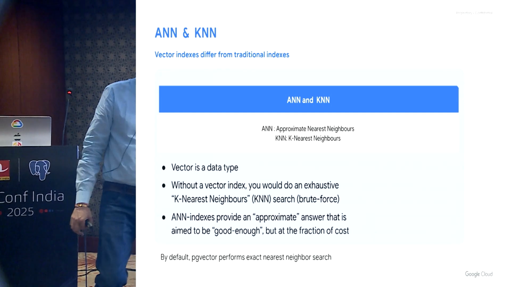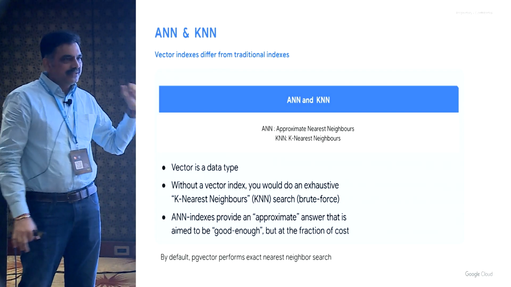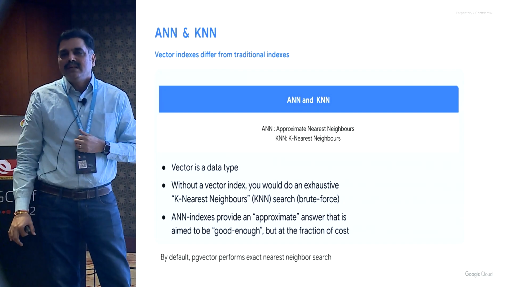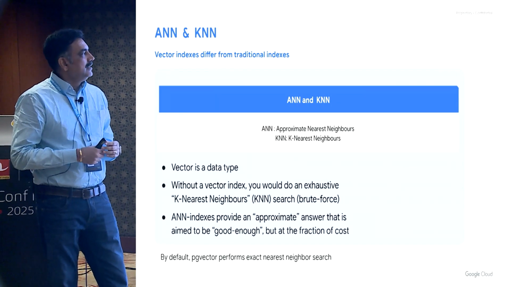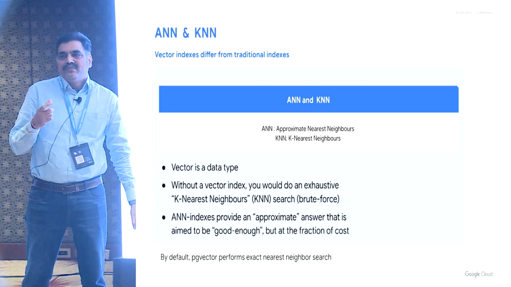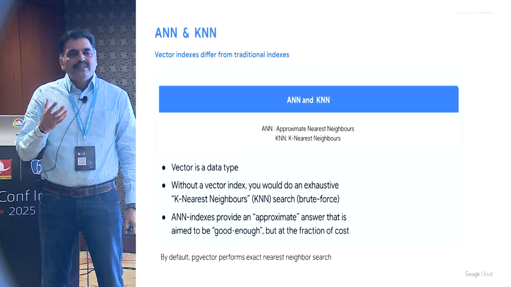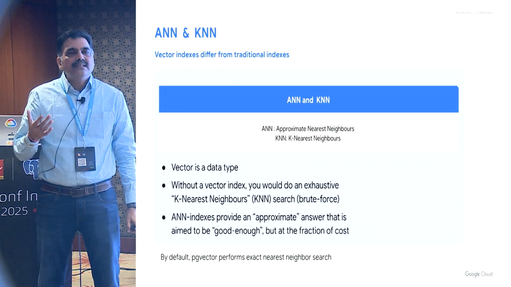I'll show you some screenshots, because I could not do a live demo because of the time restriction. I'll share them with you all, showing how these indexes are different. It's really a mind shift for anyone coming from a traditional background that with a different index, your results can change.